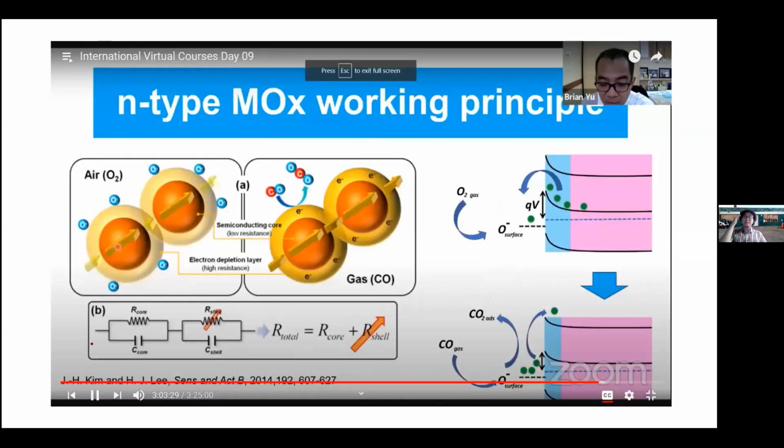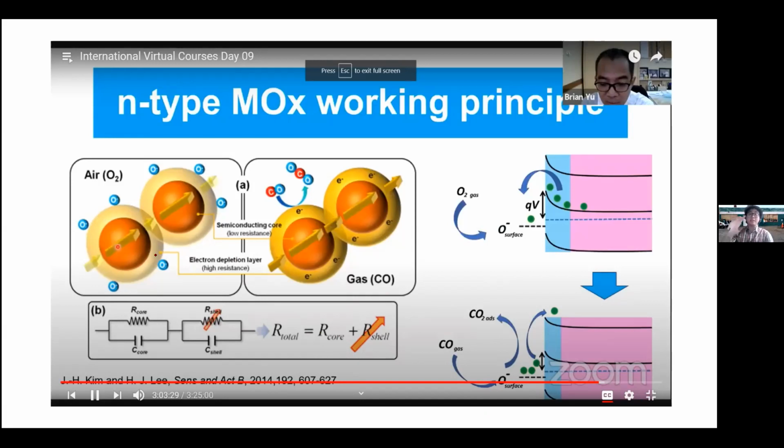This is the working principle of N-type metal oxide semiconductors. When it is exposed to air or oxygen, there is a core and an air shell, so it means there are core resistance and shell resistance.